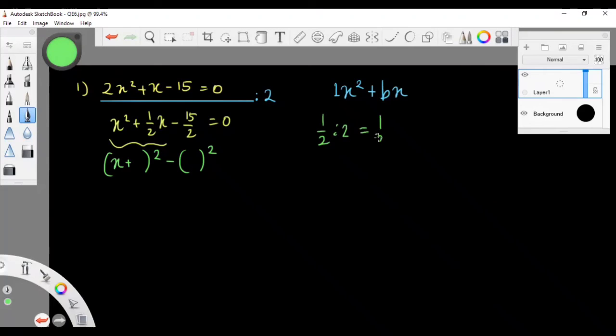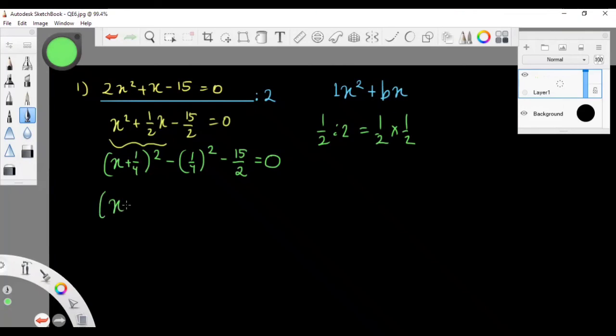It is half times half, so 1/4. That's the answer, 1/4. Then 1/4 squared, and continue with minus 15/2, the third term, equals 0.